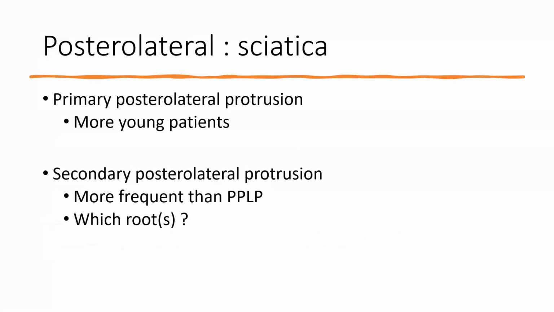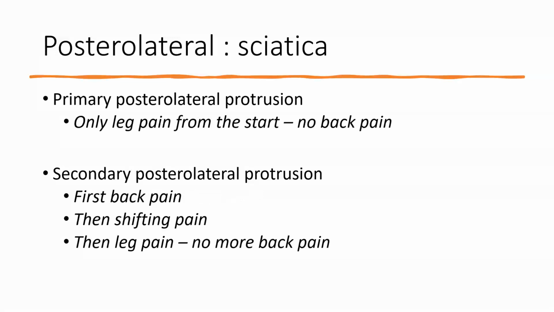If we look at the posterolateral direction, so we talk about patients who have a sciatica, then the secondary posterolateral protrusion is much more frequent than the primary posterolateral one. And what exactly is the story? Well, in the primary posterolateral protrusion, there was leg pain from the beginning. There was no back pain.